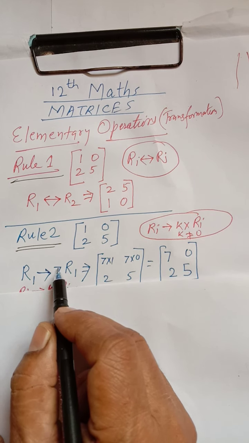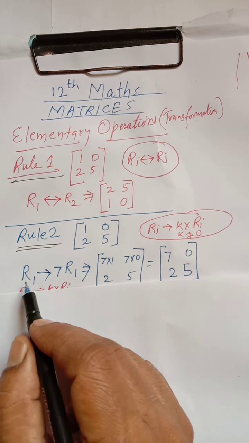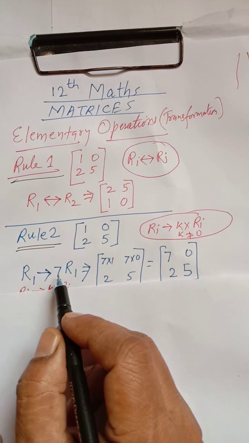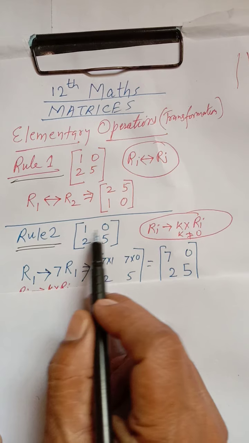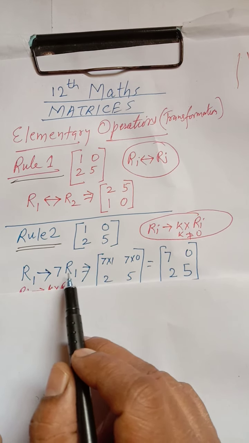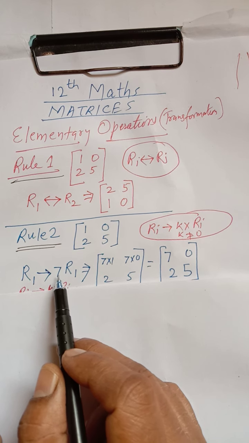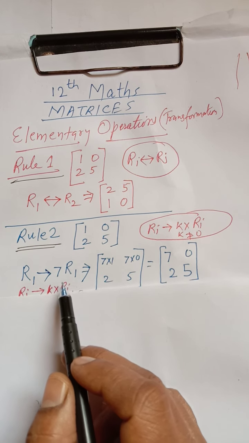We are operating 7 into R1, means row 1 is multiplied by 7. See this, this is row 1, 1, 0. We are multiplying by 7. You can take any scalar number here other than 0. We are not taking 0.